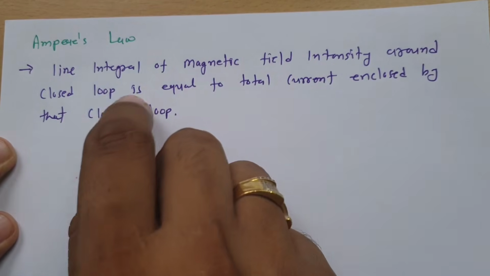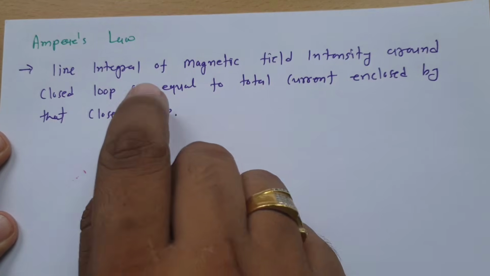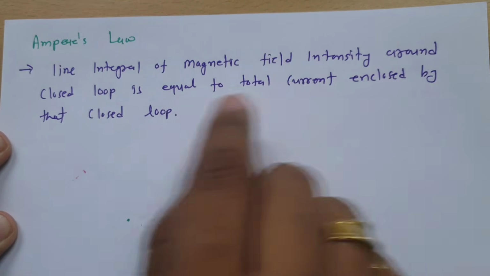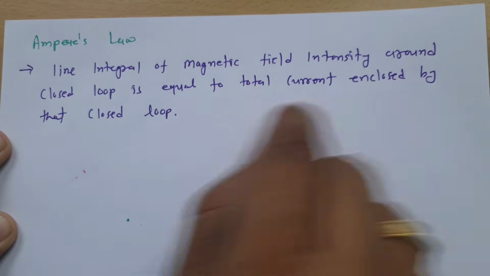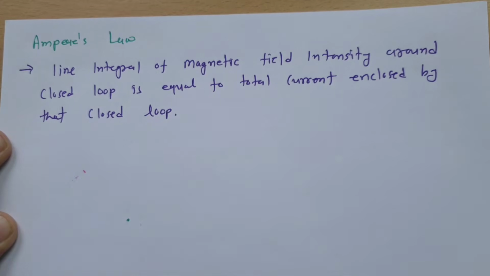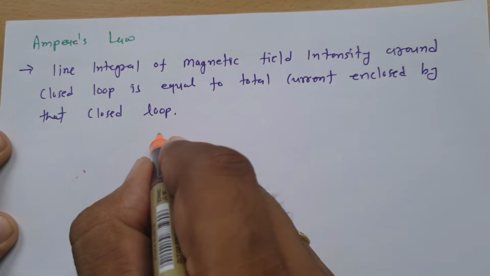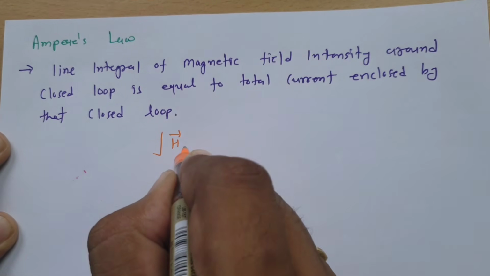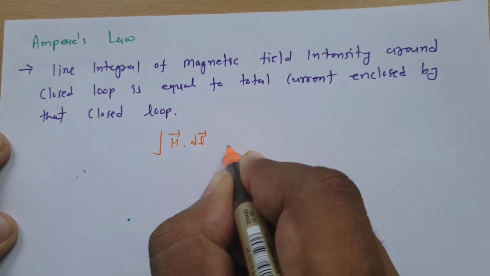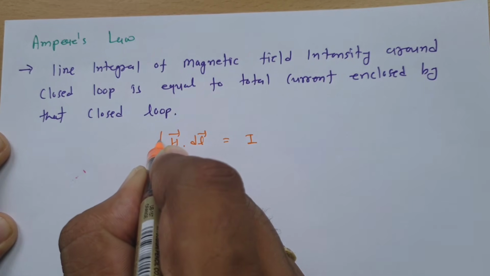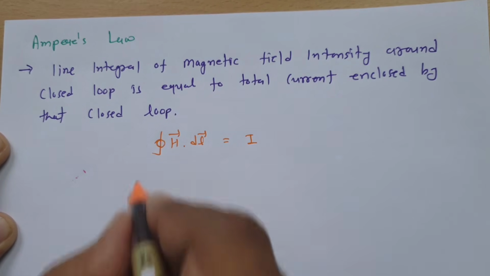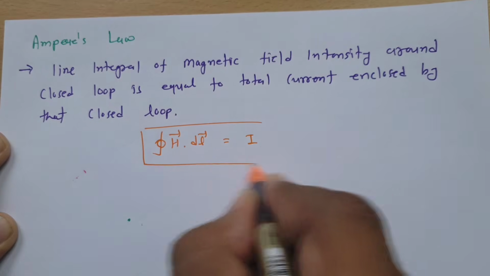If you want to write that by formula, we can say the line integral of magnetic field intensity over a closed loop equals the total current enclosed by that loop. So this is for a closed loop, right? This is Ampere's law.